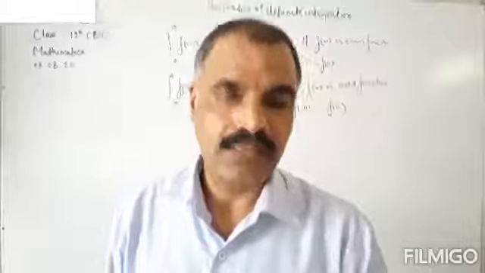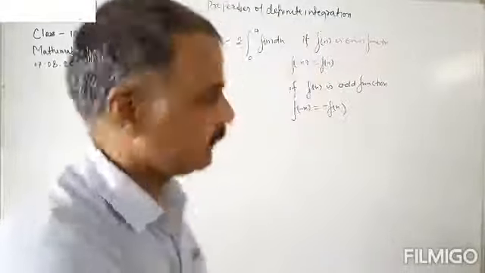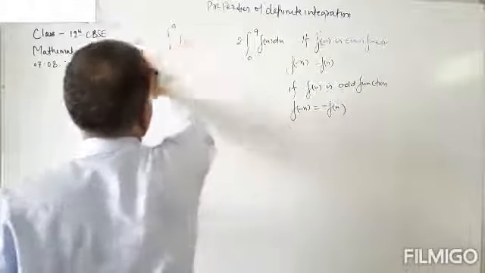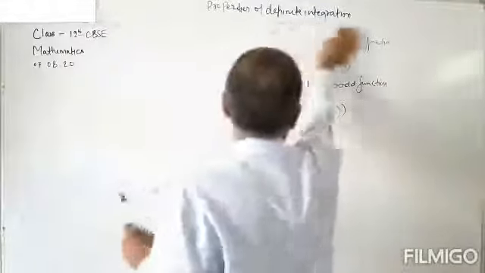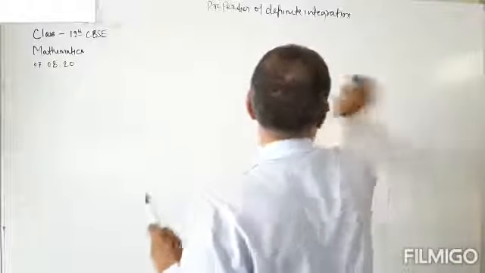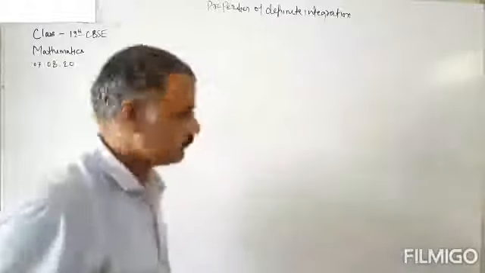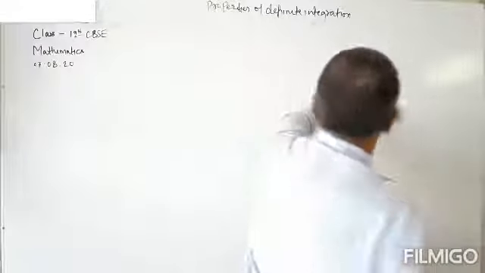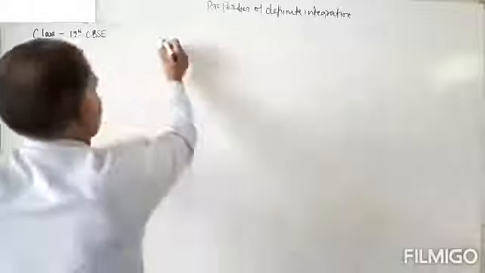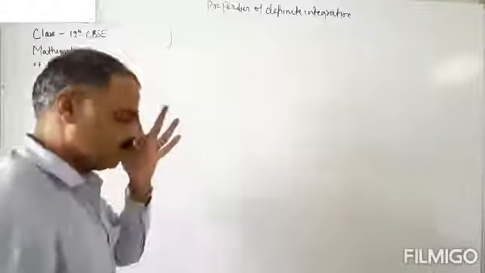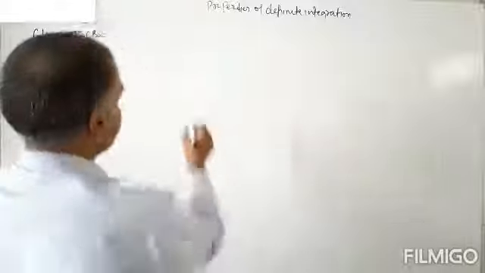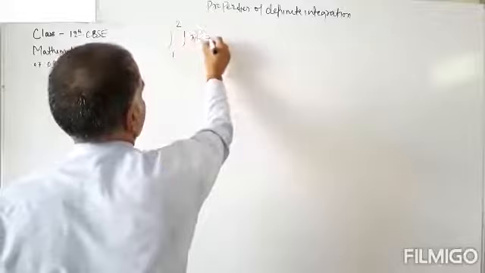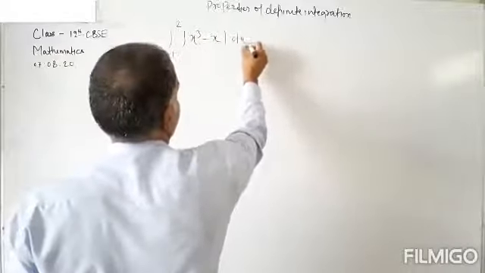Okay, so first of all, let us take example number 30. In example number 30, we have to integrate the function: the integral with limits from minus 1 to 2 of modulus of x cube minus x, dx.